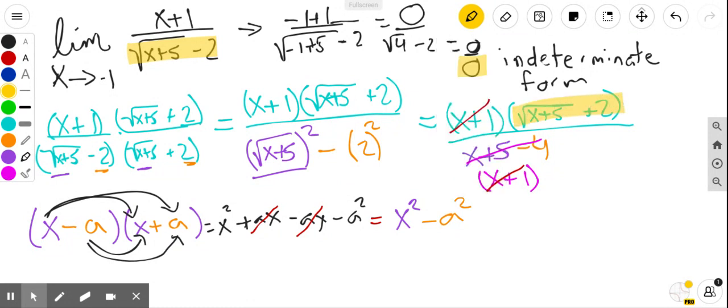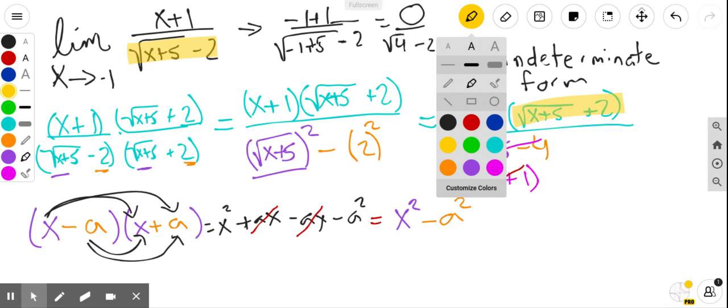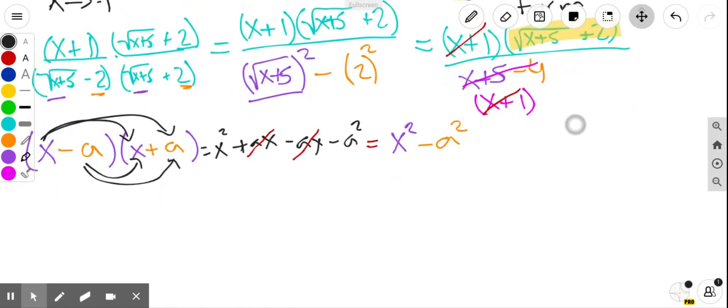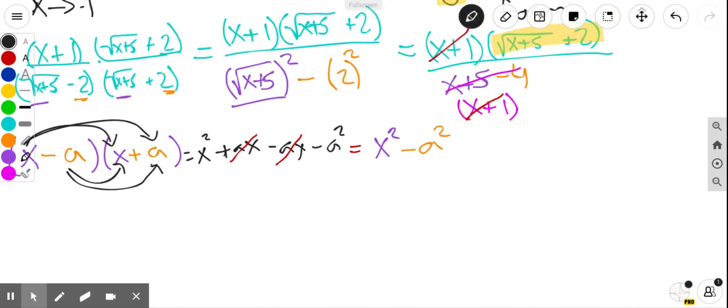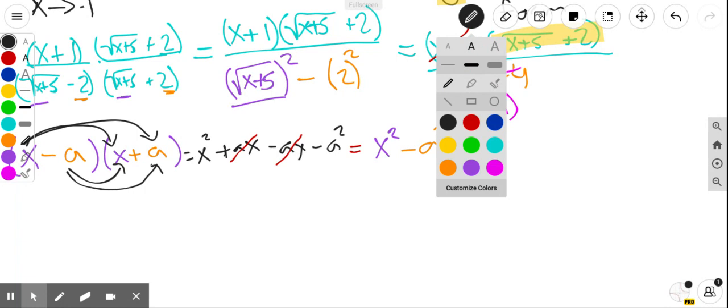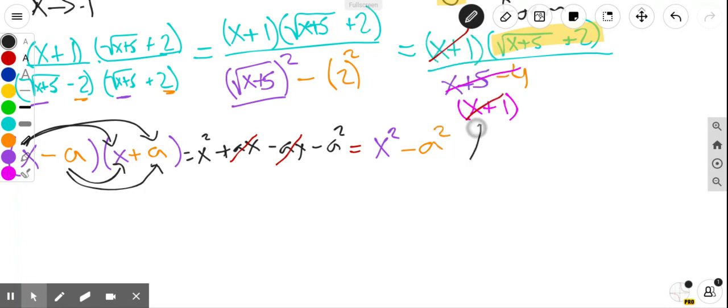So when they're asking me to find the limit, I'm really just supposed to find the limit of that term right there. So it's the limit as x approaches negative 1 of radical x plus 5 plus 2.